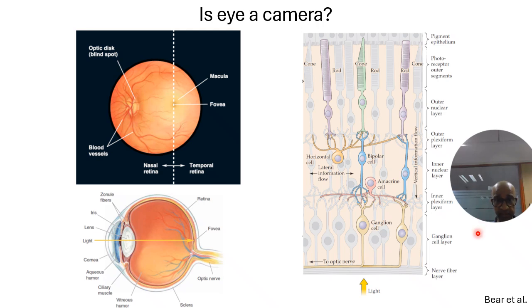The cables have to pass through. The cables, you remember, are coming out in the inner surface of this retina, but then they have to pass out before they go to the brain, right? The brain is back here. So there has to be a hole in the eye through which all this cable passes.